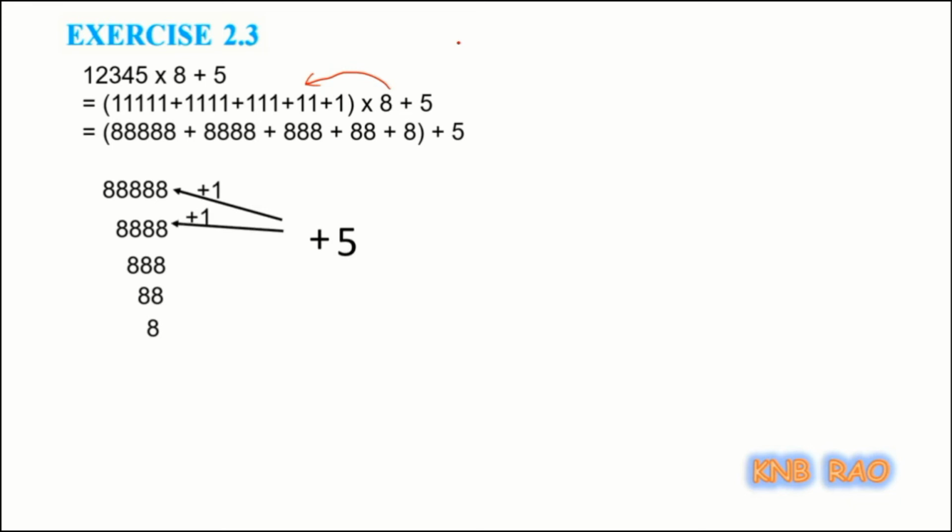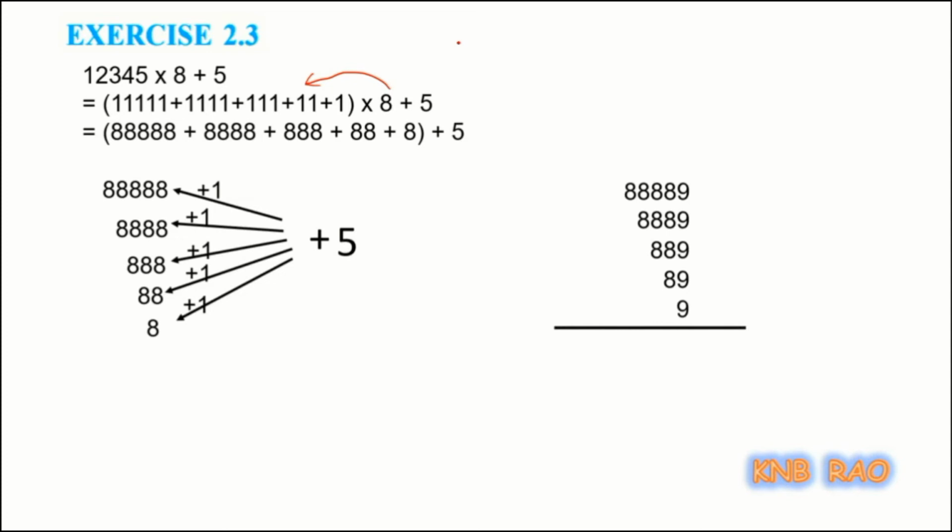Another one sent to 8,888. Another one I have added to 888. Another one added to 88, and the last one is added to 8. Now we are having 88,889, 8,889, 889, 89 and 9. Now we will add their sum.